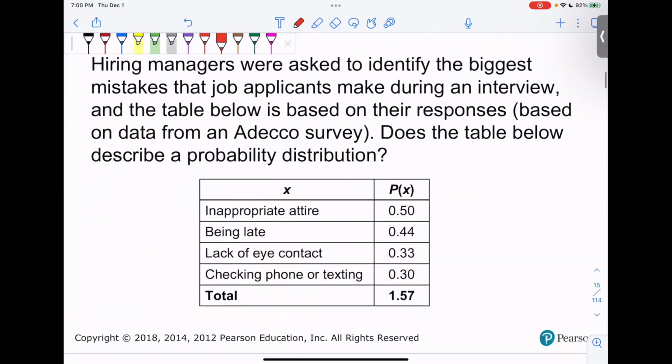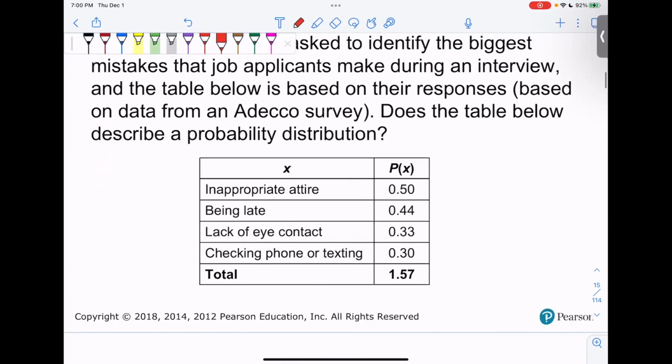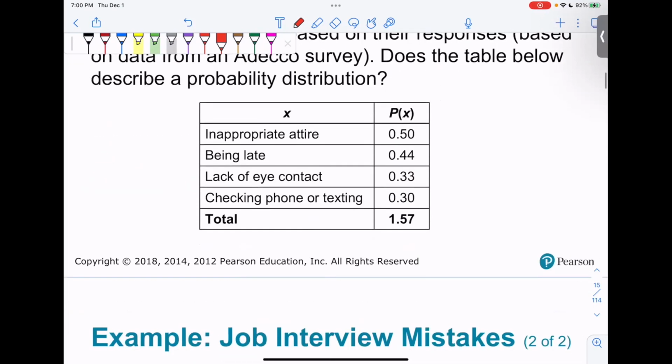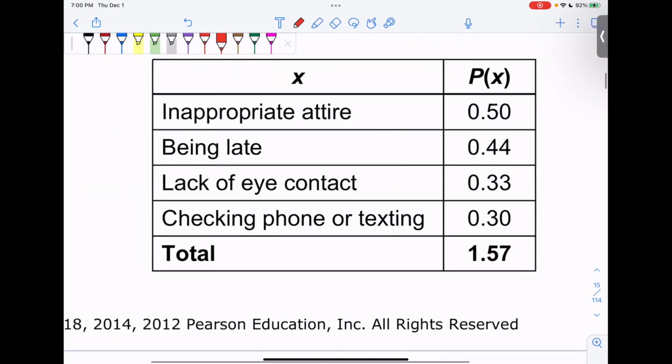So let's look at this example. Let's just look at the table; I don't need you to see anything else. Do you think this is a probability distribution or not? No. Why?